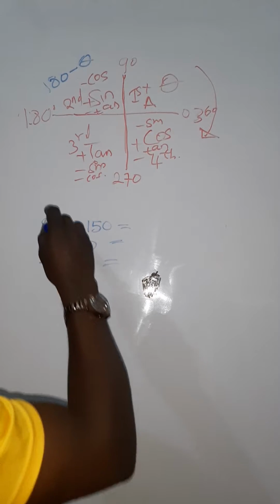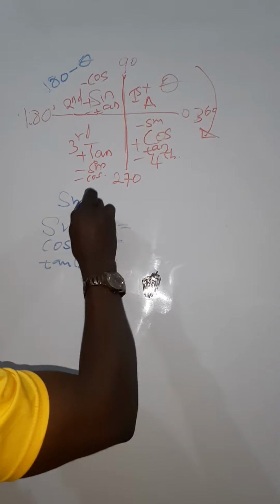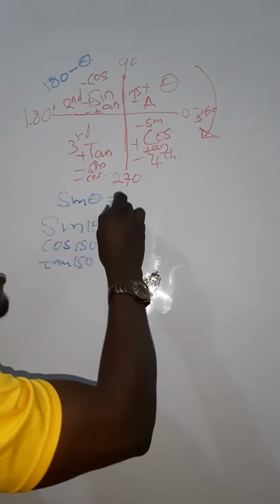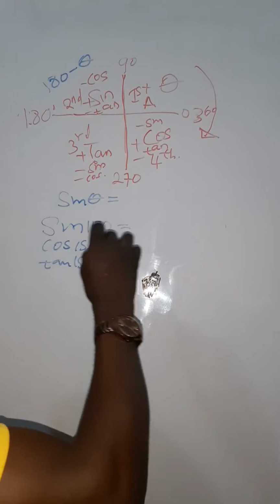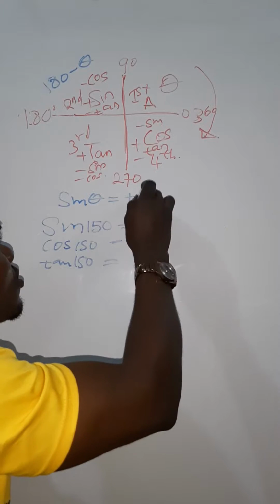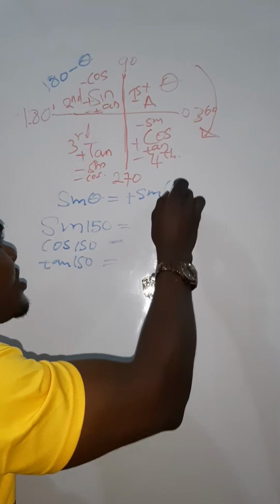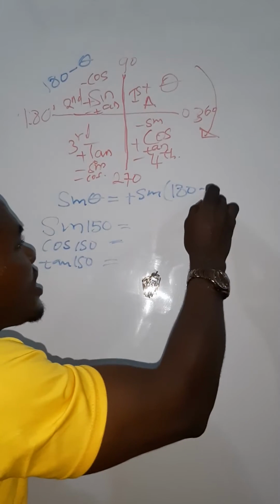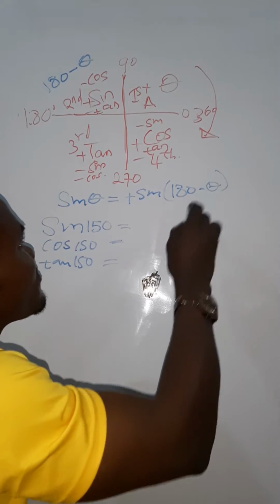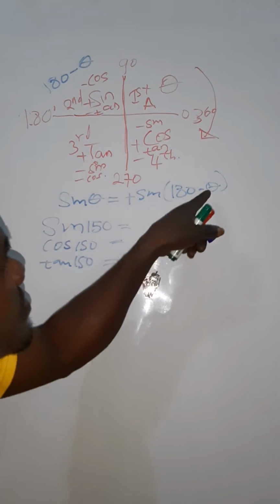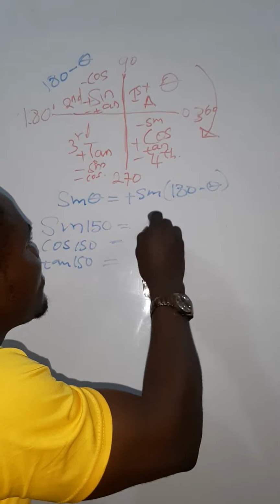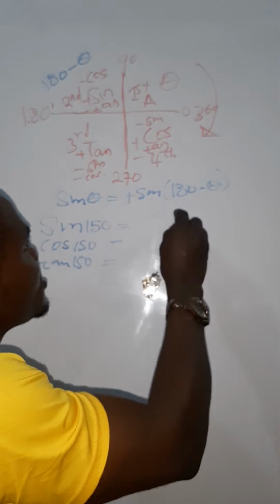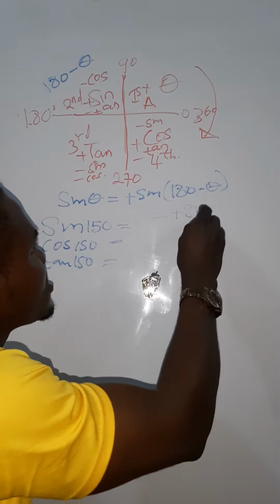So if I'm looking for sine theta, since the second quadrant is this, I can apply the formula plus sine of 180 minus theta. So at the end of the day, my answer is positive sine theta.